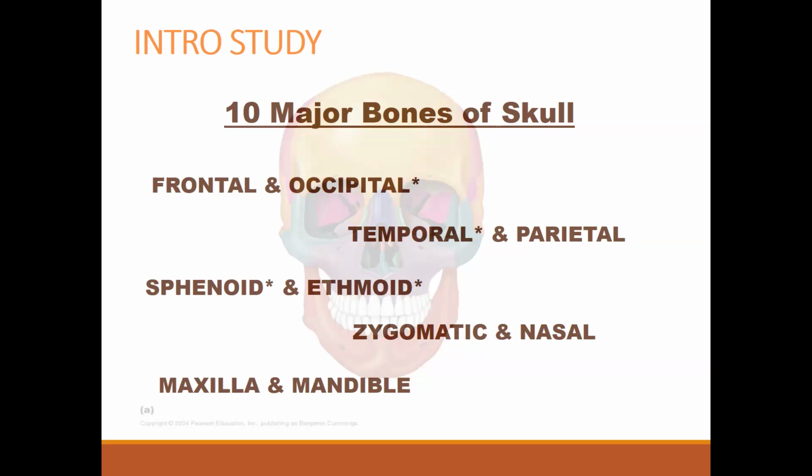So here's the 10. Frontal, occipital, temporal, parietal, sphenoid at the temple here, ethmoid, the inside socket of your eye, zygomatic, nasal, maxilla, mandible. Right? See if you can do those 10 on the skull and on yourself. Go for it.